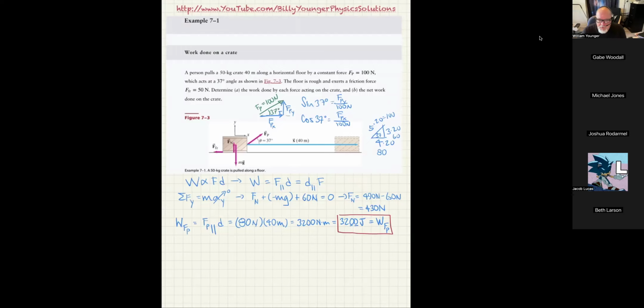But in this case, I only have to do Fn. If you took that route by mistake, you'd quickly realize that the y component of FP is exactly perpendicular to the vector of displacement. So there's going to be no work done by that one.